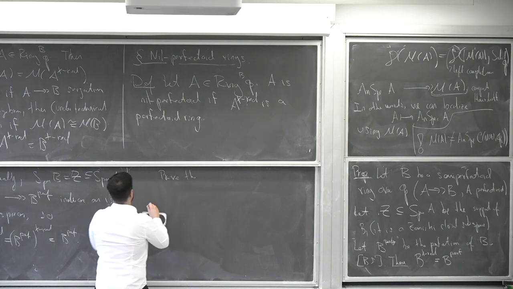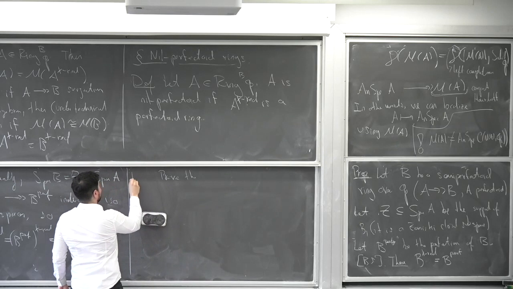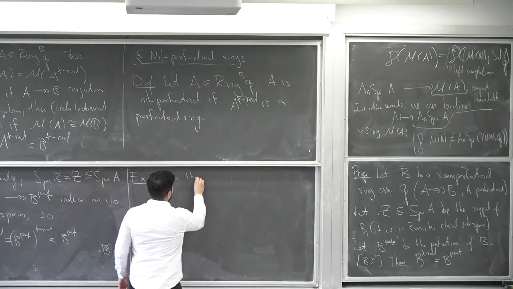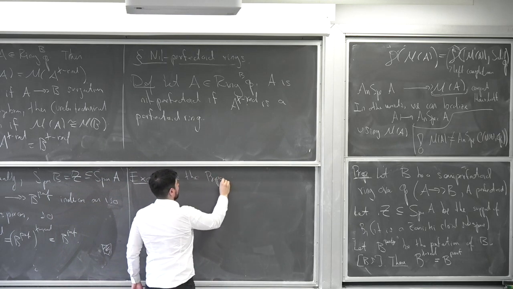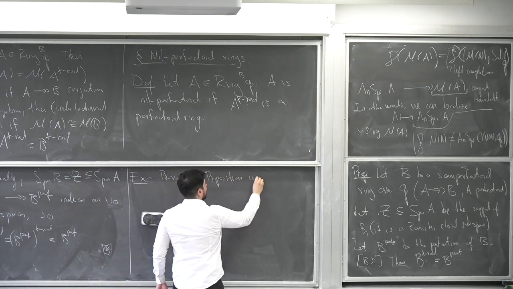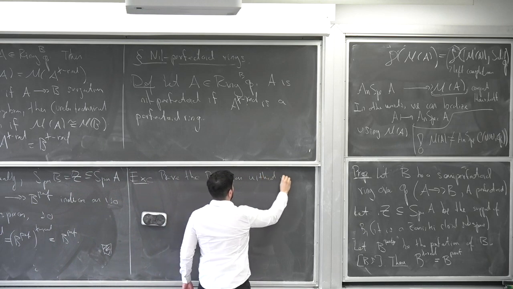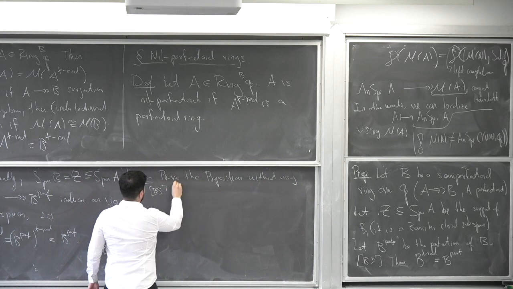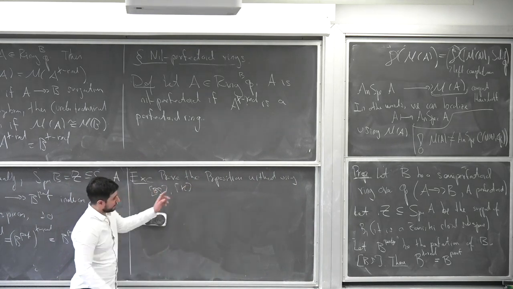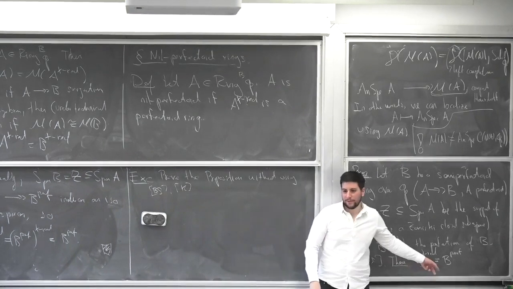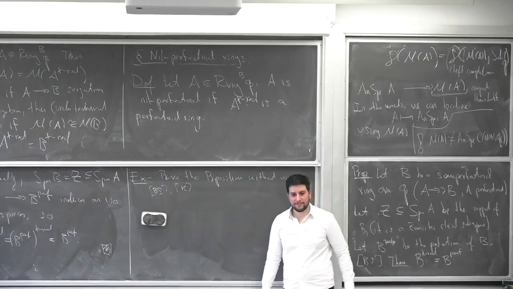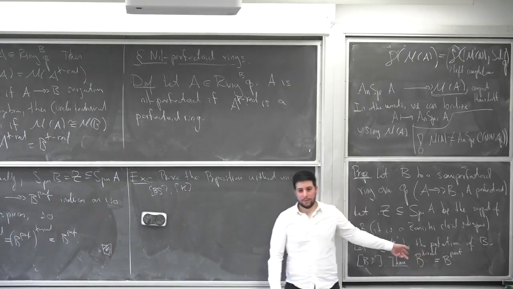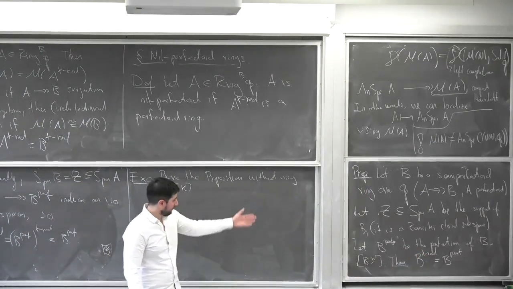I don't know how to write this. Exercise, challenge: without using these theorems, basically prove that the dagger quotient of this is perfectoid. What you need to prove is that the power bounded elements in this ring are integral. That's it.